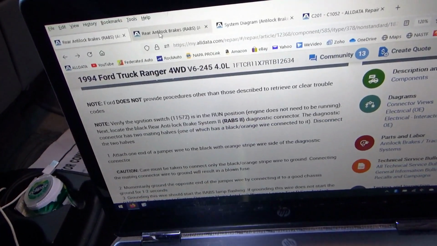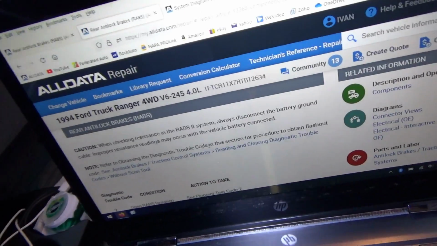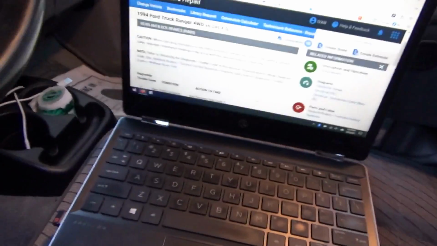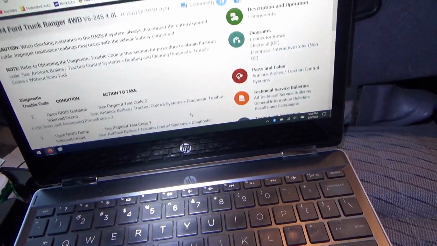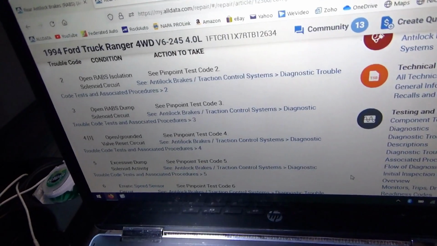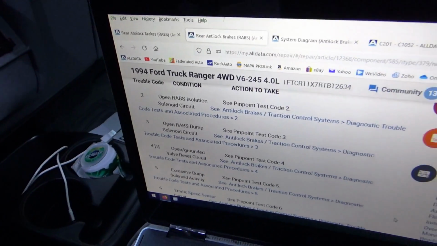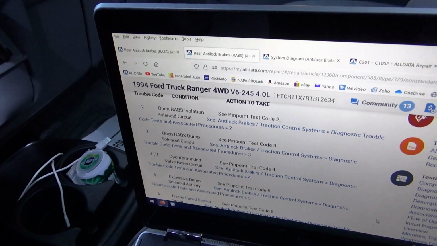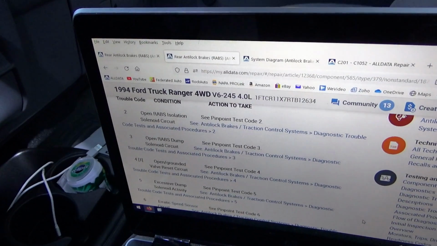What are the codes? Oh, I hate this dinger, but I have to. Open ground valve reset circuit. The brake light will also be on.